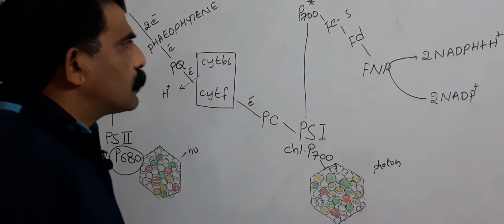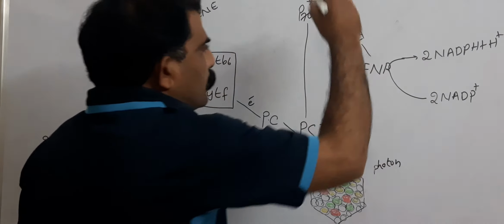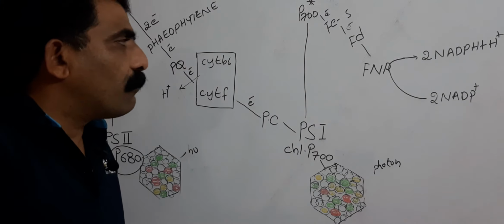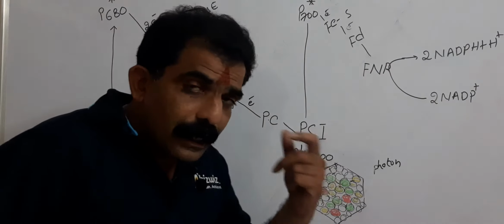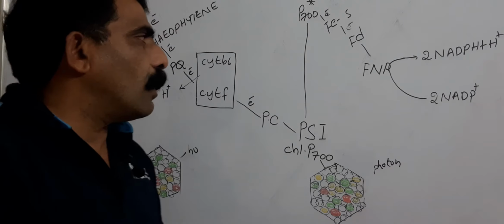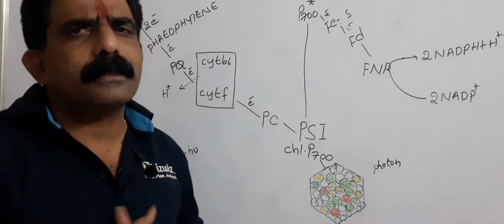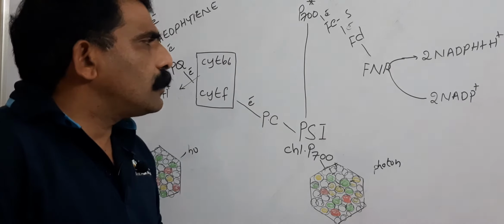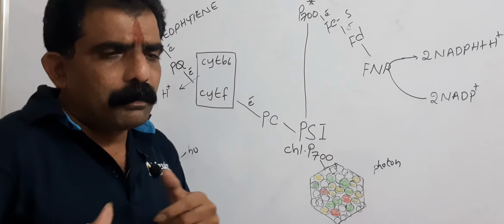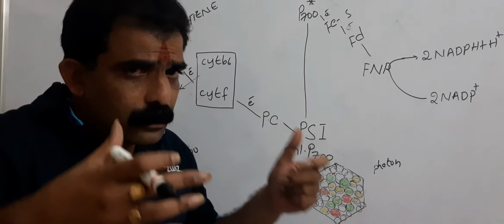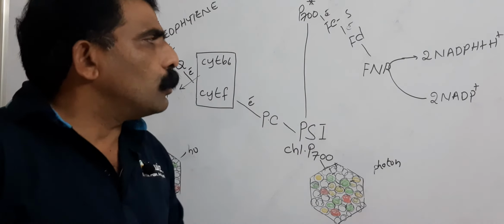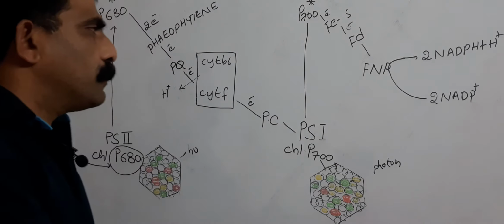Later, the electrons are transferred to the ferredoxin, and from there the electrons are finally transferred to the NADP plus, which is in an oxidized state, under the influence of FNR, ferredoxin NADP reductase enzyme. So that here it gets reduced to NADP minus. Later it removes the protons from the stroma and thereby gets reduced to NADPH plus H plus.